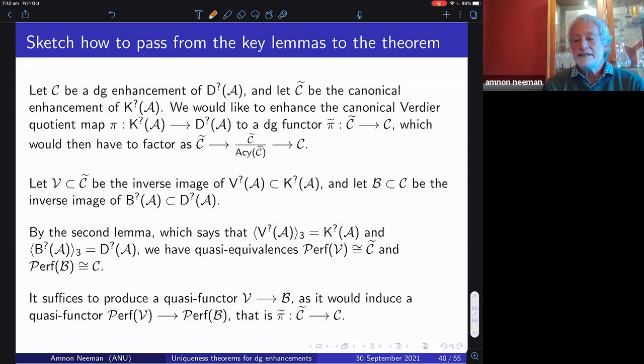So the Verdier quotient map has a canonical description as a dg functor, and all others must be quasi-equivalent to it.